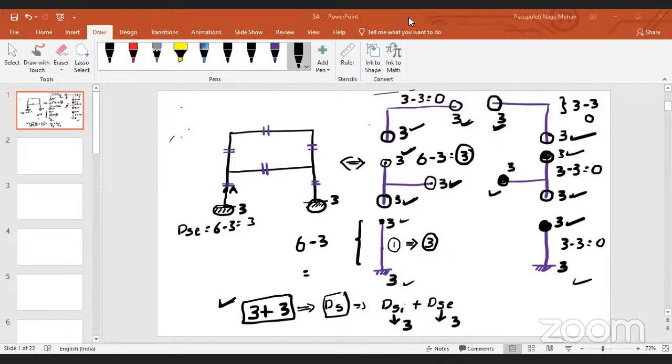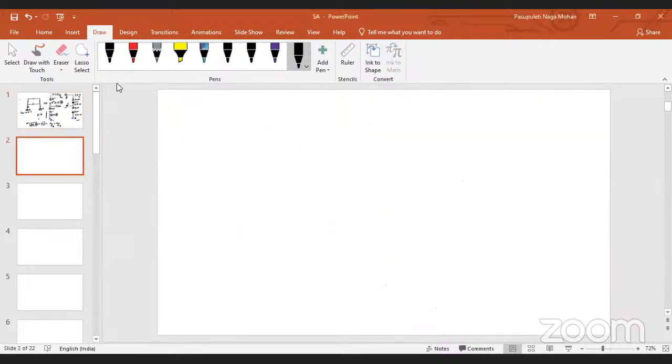Shall we discuss the same topic with another case? Yeah, Ramya, in case the fixed end is replaced by a pin support. Okay, let's solve in that case. Let's see another problem.